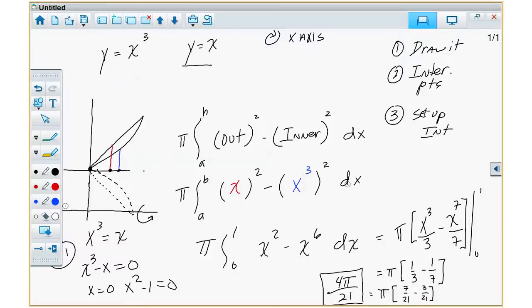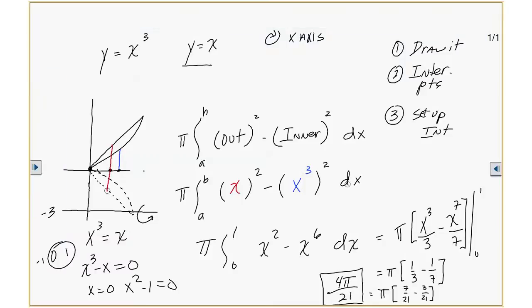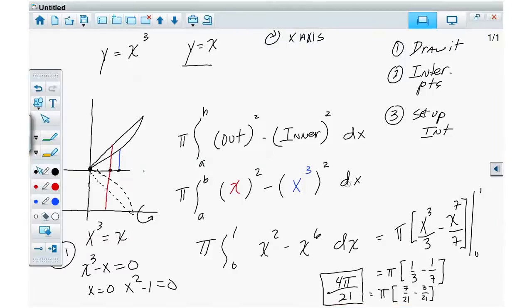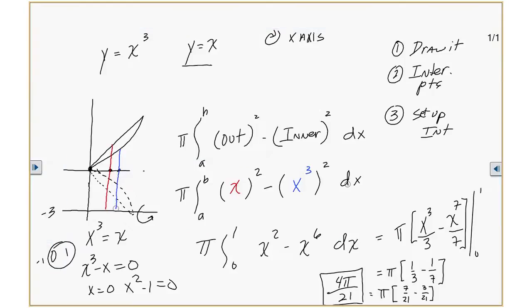So now instead of the x-axis being the rotation point, the rotation point is at y equals -3.